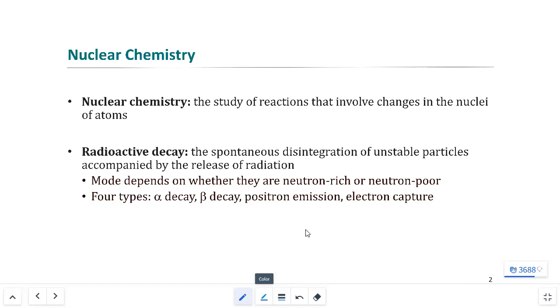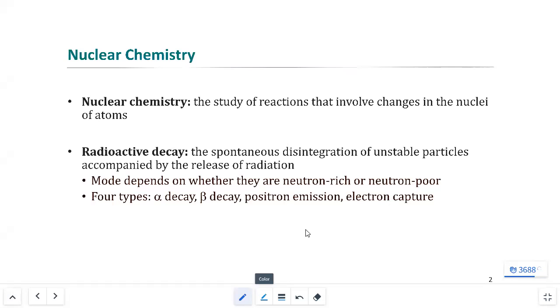If I have this really unstable nucleus, when it decomposes, whatever comes out of that unstable nucleus is going to be more stable than the unstable nucleus was before. And that difference of energy from the unstable to the stable, that's what gets released. That's what we measure when radioactive decays occur.